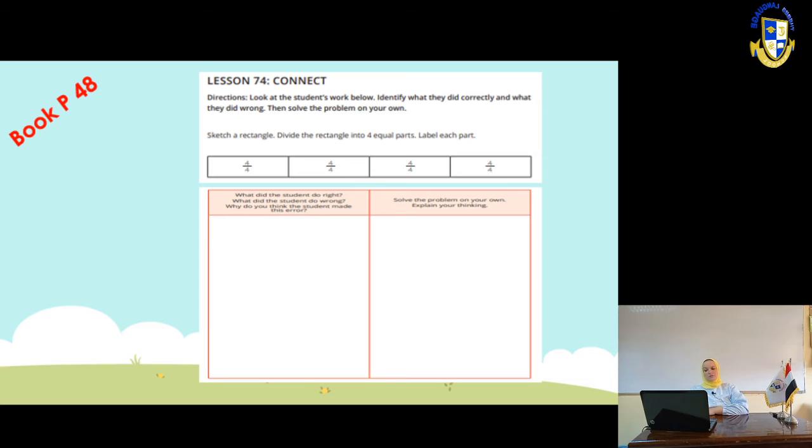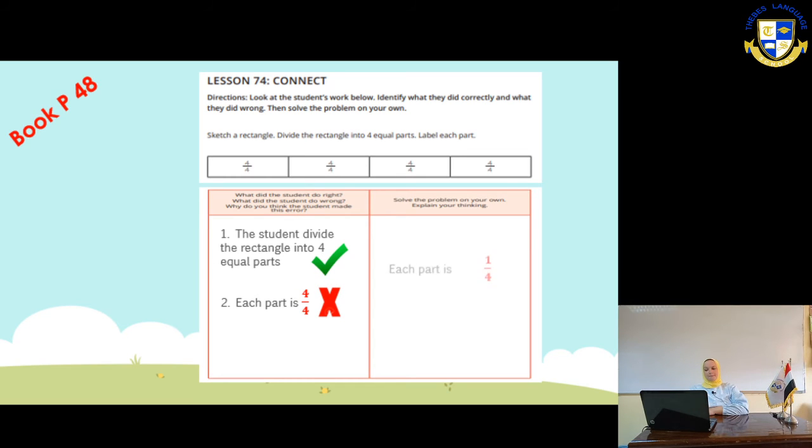Number 1, the student divided the rectangle into 4 equal parts. That's the right one. Each part is 4/4. That's a wrong thing. In the second part, solve the problem on your own. Explain your thinking. Each part is 1/4, not 4/4.